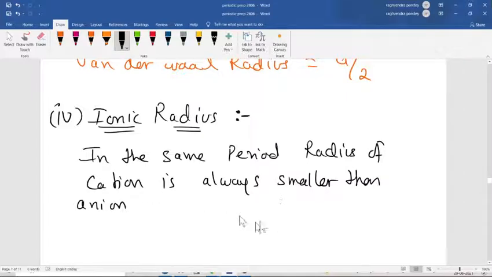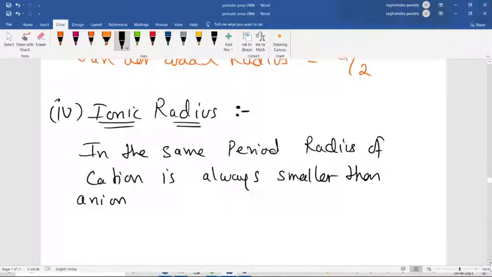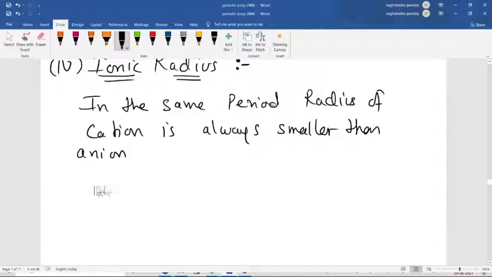Okay, so ionic radius. When ions are formed, let's take the example of sodium chloride, or any example, no problem. Sodium chloride is made up of sodium ion and chloride ion.